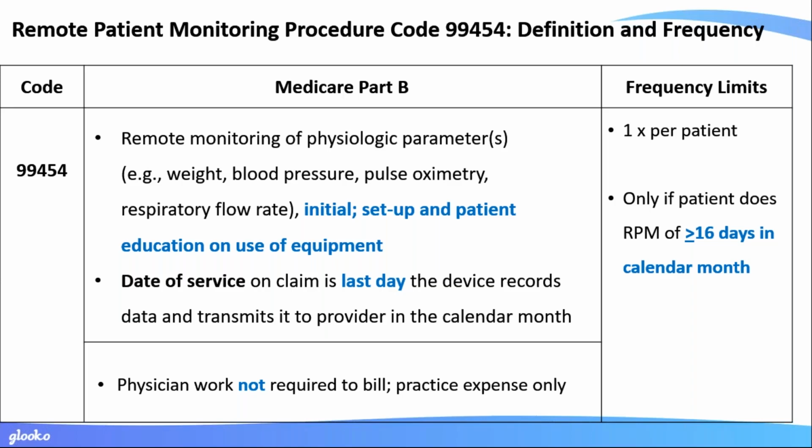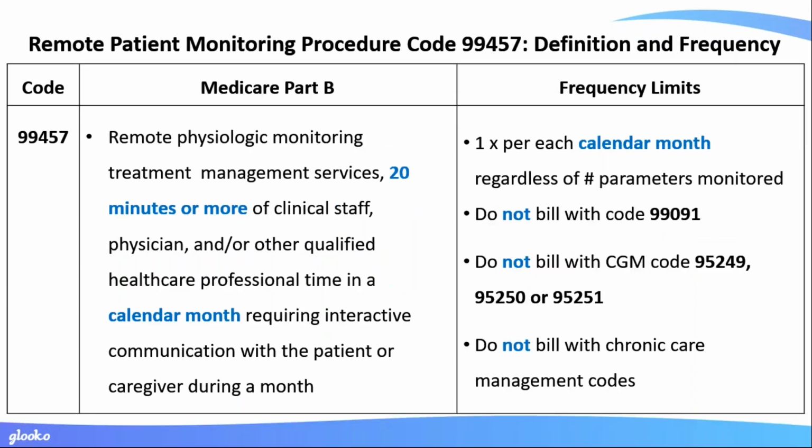The device supply, the 99453, where we supplied her with the meter that you paid for, we can bill that every 30 days, once every 30 days, as long as she's remotely monitoring and using the device. On the education and setup and training, that can only be done one time per patient. But Martha has to be monitoring for at least 16 days in that calendar month.